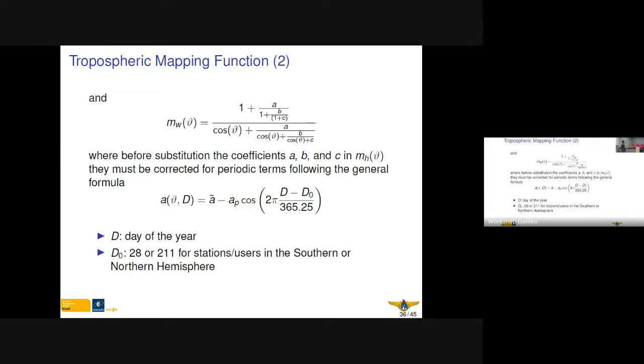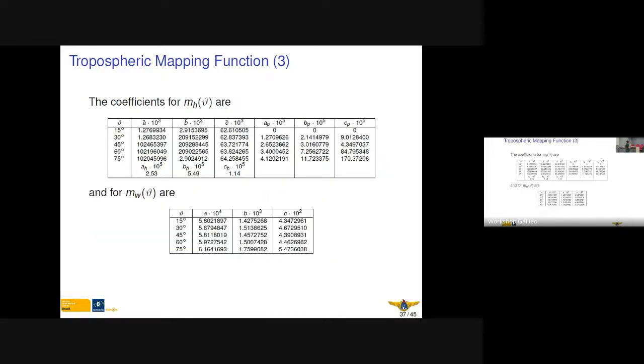And then D is the day of the year. D0 is 28 or 211 for stations in the southern or northern hemisphere. And when we apply all these mapping functions and models, we have also here these coefficients for different elevation angles.